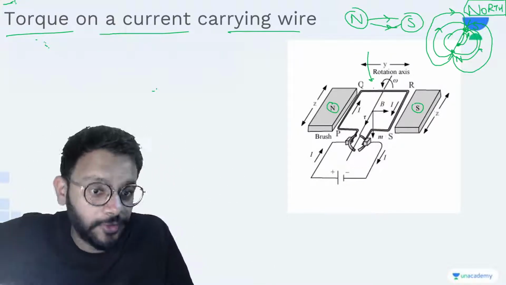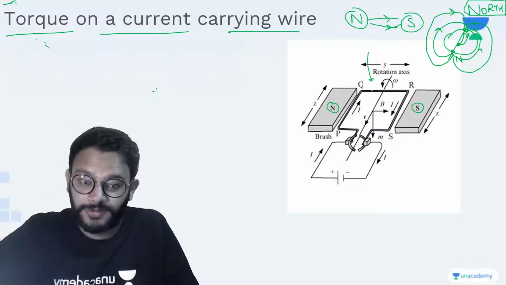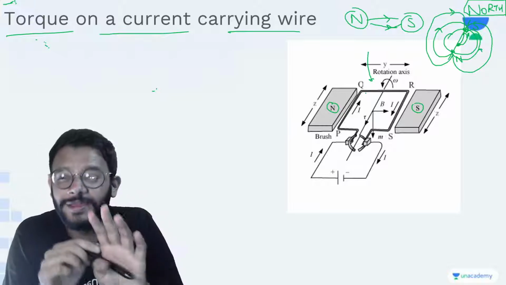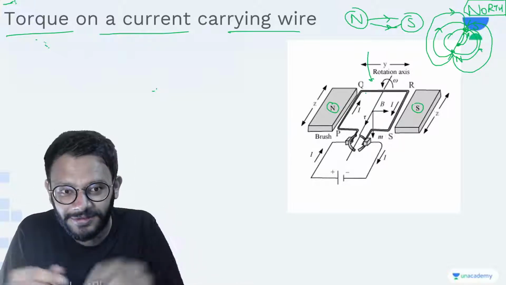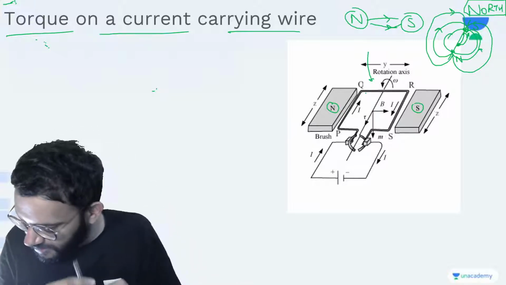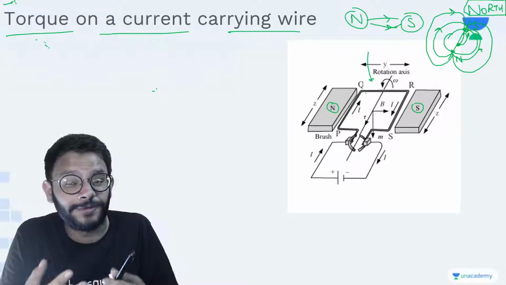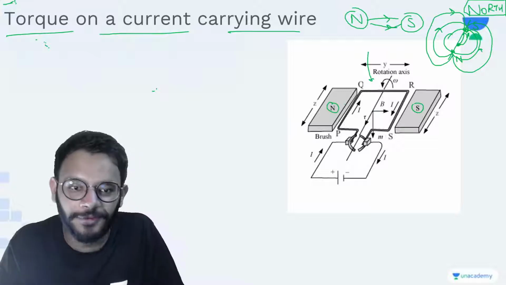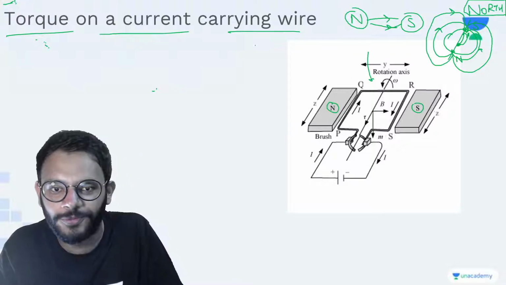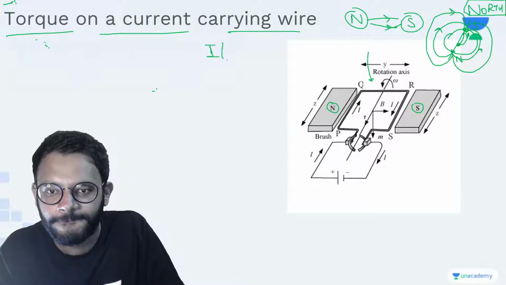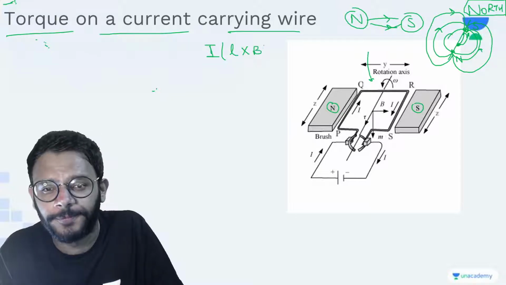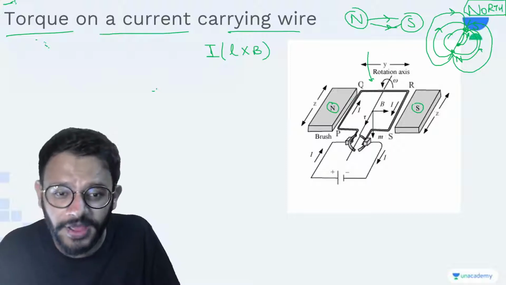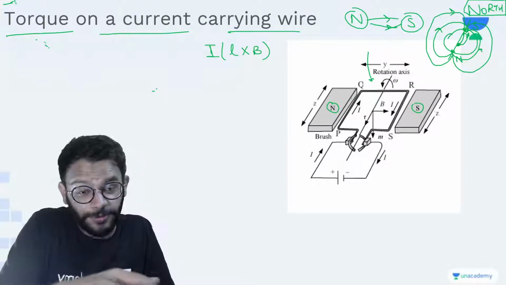And what is going to happen is that since the current carrying wire is comprised of 4 current carrying elements, or the current carrying conductors, and current carrying conductors are going to experience a force because of the magnetic field. We know that this force is going to be equal to I times L cross B. Since the force is going to be experienced by these wires, which we should calculate right now.